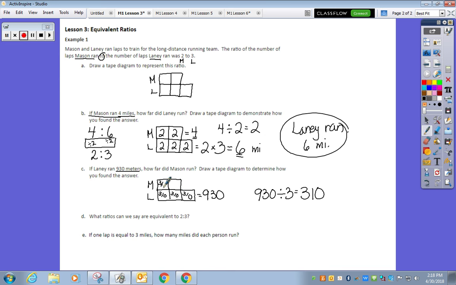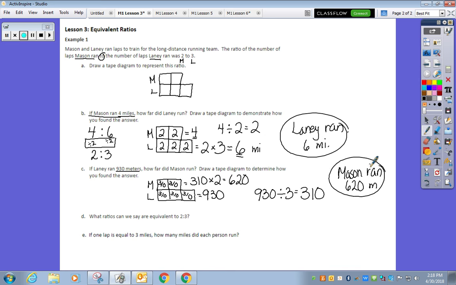And the same would go for Mason, 310 meters. To figure out how many meters Mason ran, I'm going to take the number inside each section and multiply it by the number of sections, or take each number of meters and multiply it by the number of laps. And that's going to give me 620. So Mason ran 620 meters.